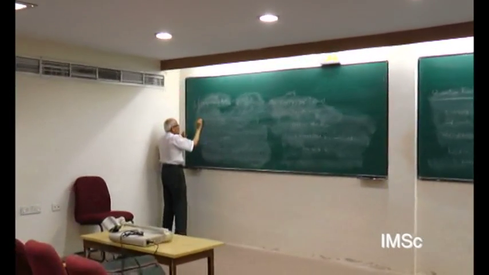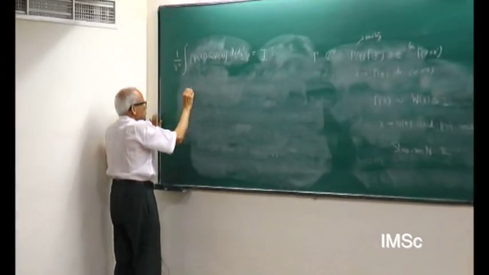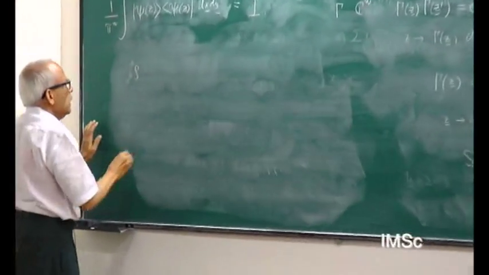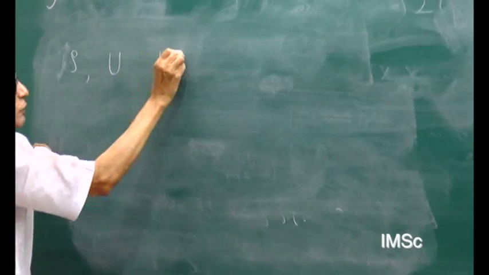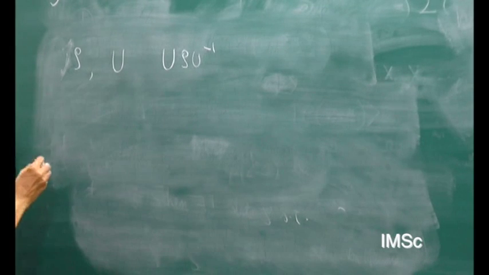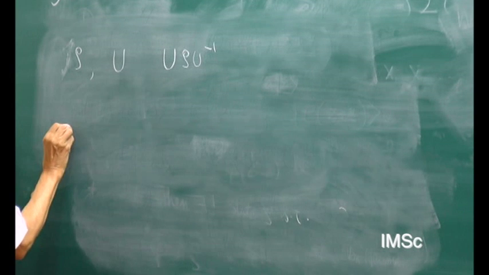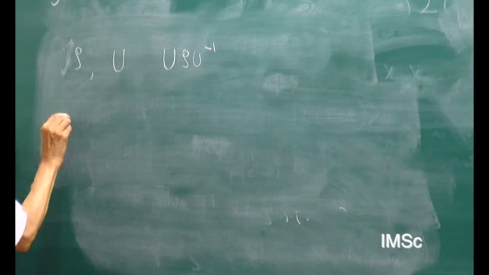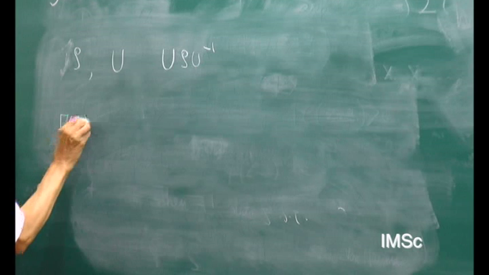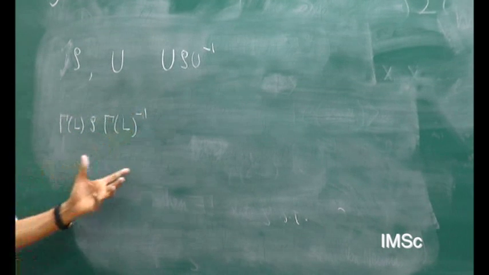So, if I have a state rho, and U is a unitary operator, then U rho U inverse is also a state, right? Now, if I use that gamma L rho gamma L inverse, that is a state.